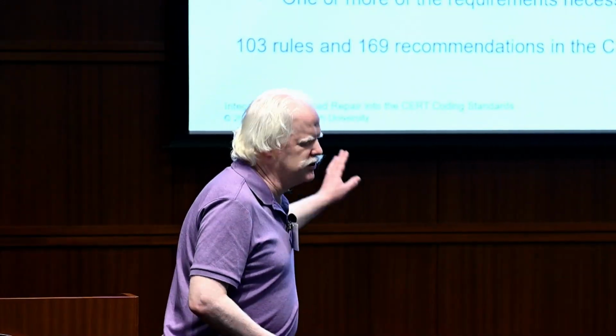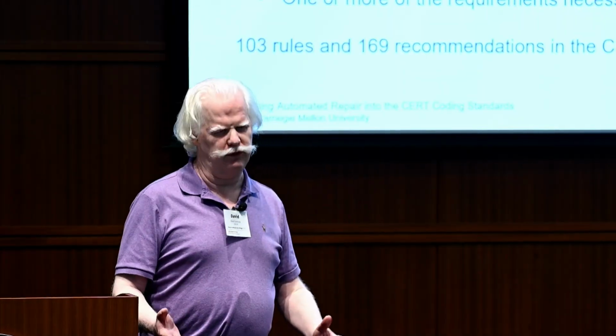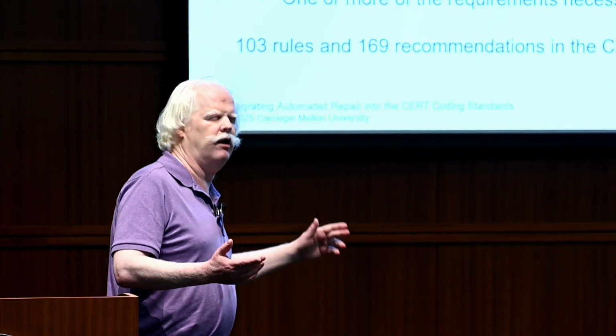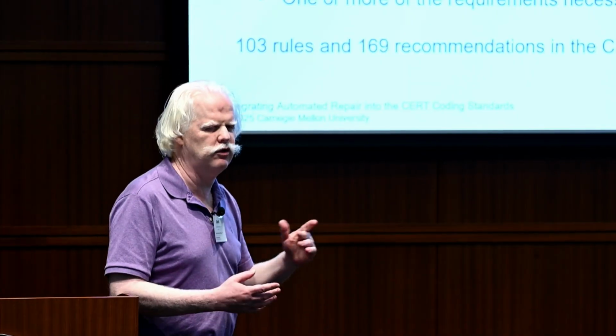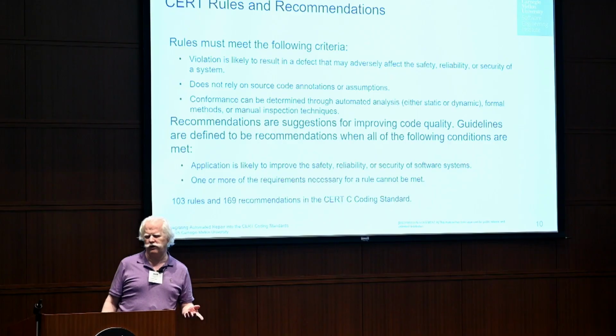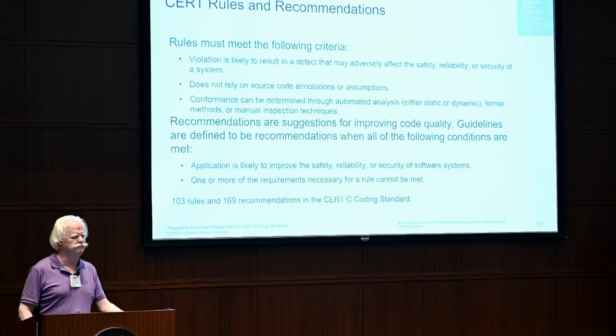The recommendations are like the rules, but they're kind of wannabe rules. They come close, but for one reason or another, they don't quite fit up to being secure coding rules. So in our ebook, the rules are the A material, and the recommendations are kind of the B material.